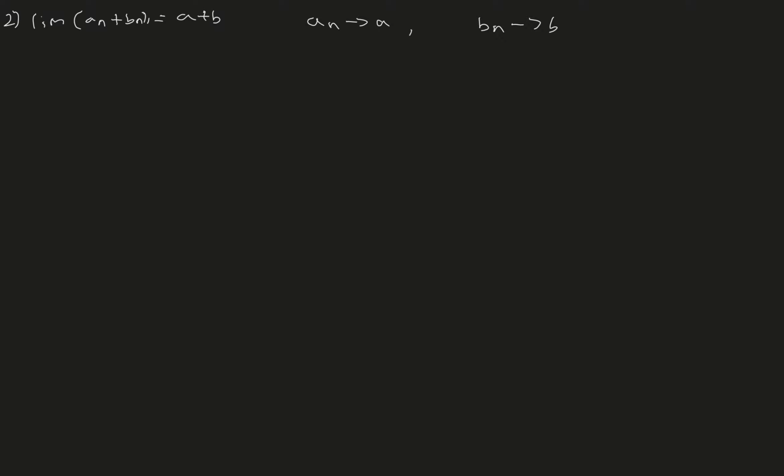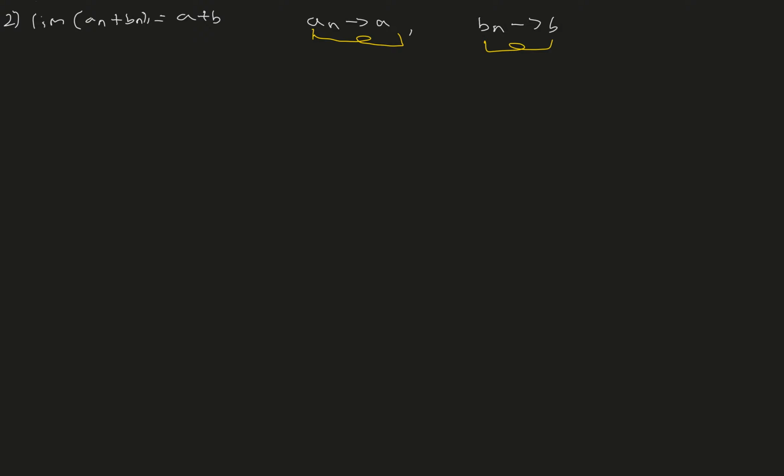It says that the limit of two sequences added together is the same as the limits of the two individual sequences added together, and we are told that an converges to a and bn converges to b. So let's see what we know: an minus a is less than epsilon, and we can make this as small as we like, and so it is for bn minus b.